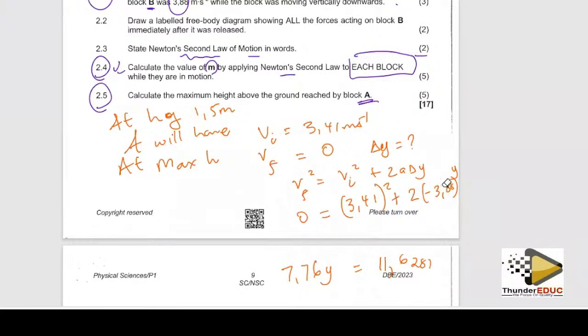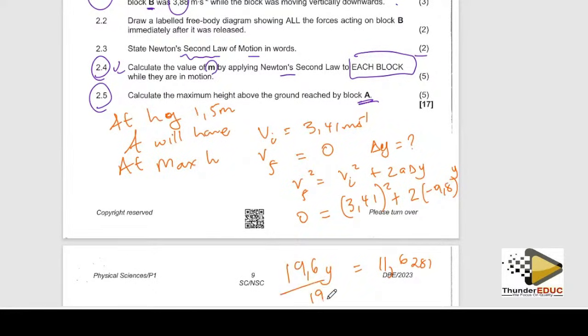Guys, I need to change this because remember, after the height of 1.5, this is going to behave as a projectile. So negative 9.8. It cannot be positive, the 3.8, because the system would have stopped moving because of block B. Okay, so this must change to 19.6, because 9.8 times 2 is 19.6.